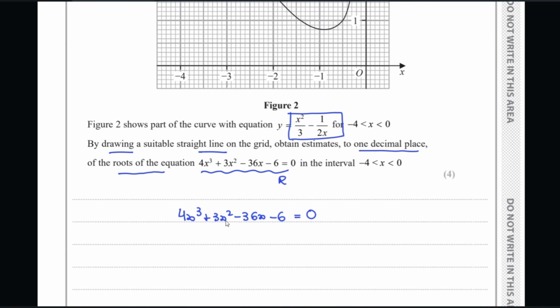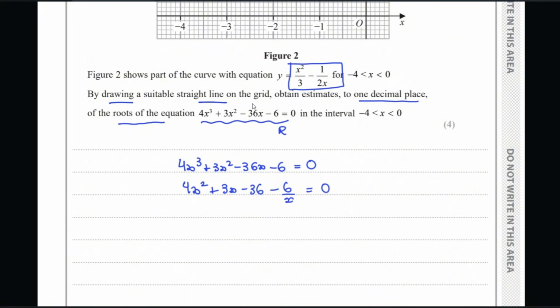If we divide all the terms by x, this becomes 4x squared plus 3x minus 36 minus 6 over x equals 0. Now I can see that in the curve equation, we have an x squared term, and we have a term where there's x in the denominator, only these two terms.